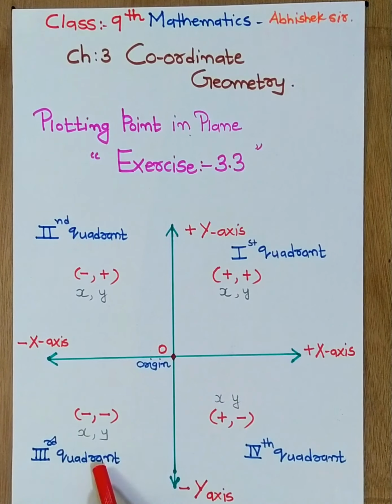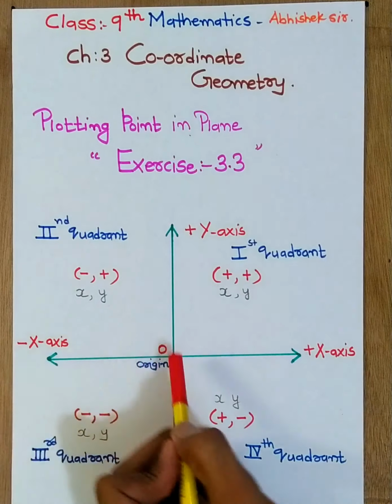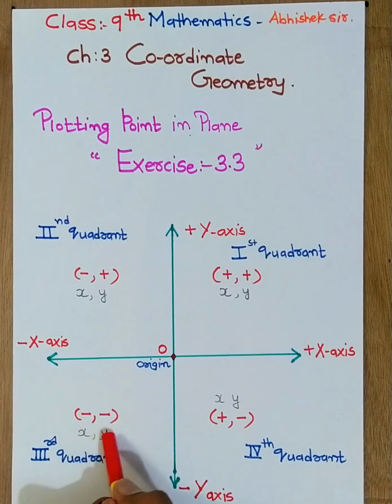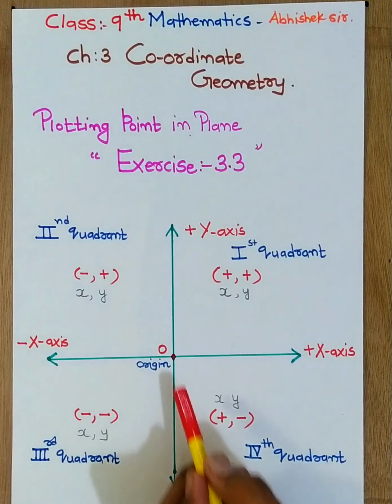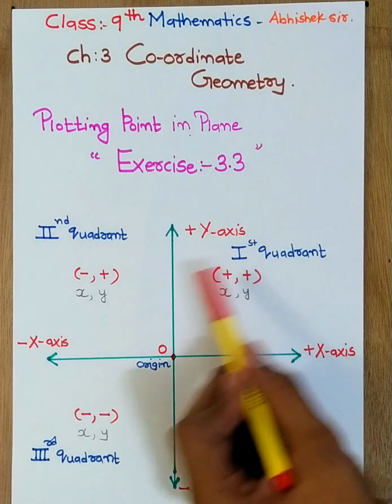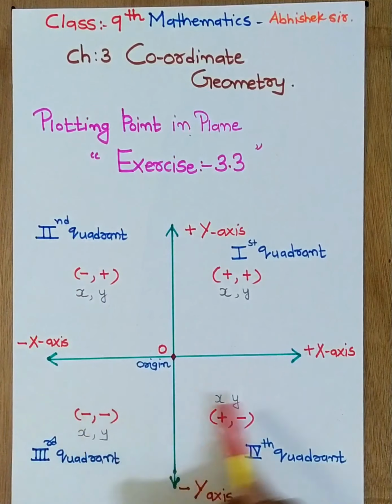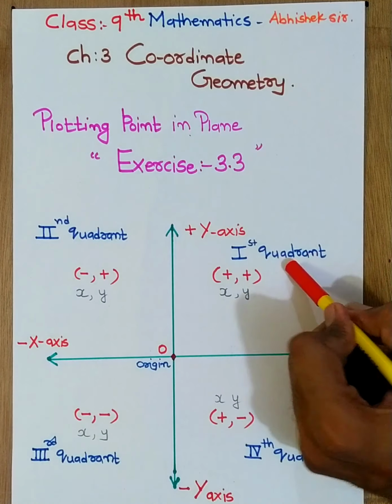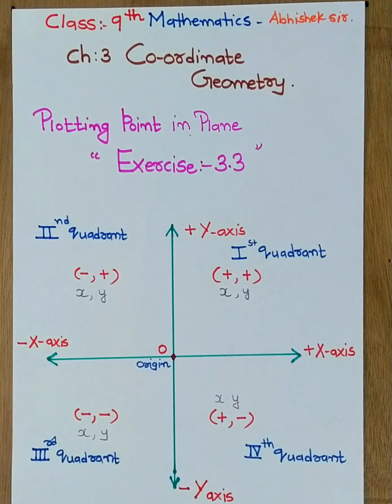In the third quadrant, x is minus, y is minus, so both coordinates will be minus. And in the fourth quadrant, the y-axis is negative but x is positive, so plus minus. So based on the signs of the x and y coordinates we can easily find in which quadrant the point lies.